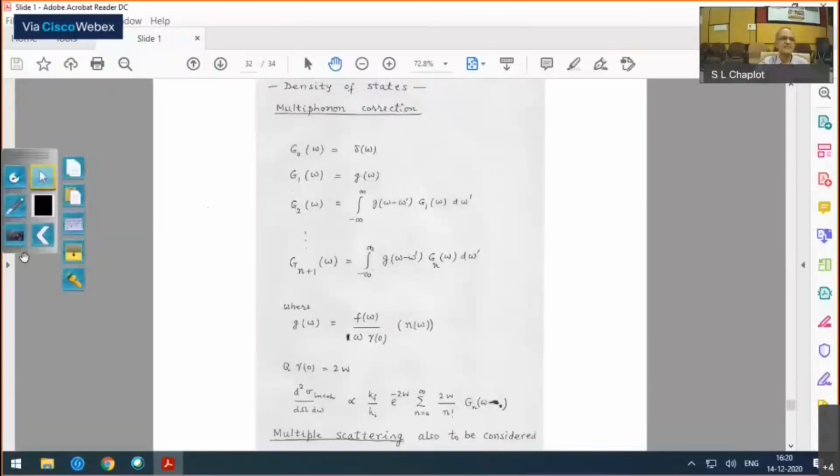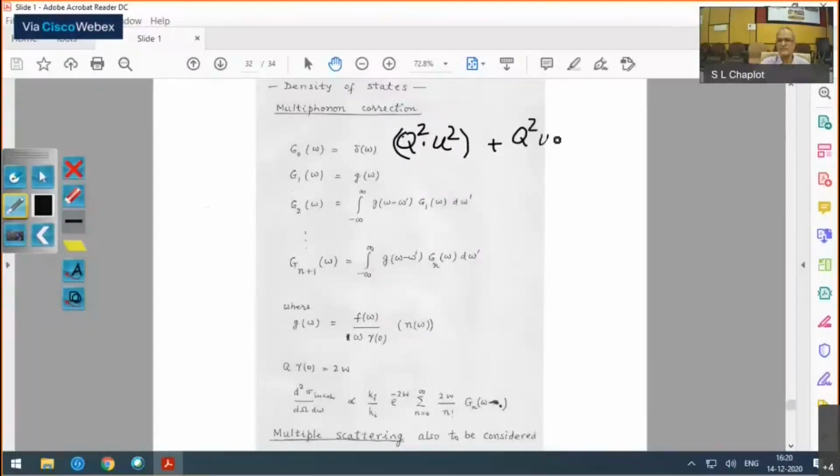As we mentioned the other day, the one phonon term is proportional to Q squared U squared. Then the second and higher phonon terms are proportional to higher powers of it, and so on and so forth.